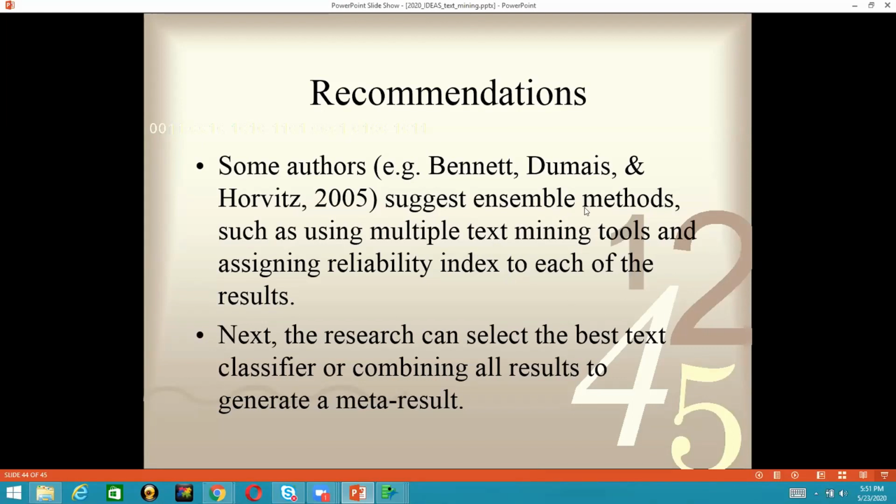And then put them together, so ensemble means a collection of different models. And then you can do model comparison to pick the best, or do model averaging. The same idea. So how about you use different text miners, and then you do a model comparison.